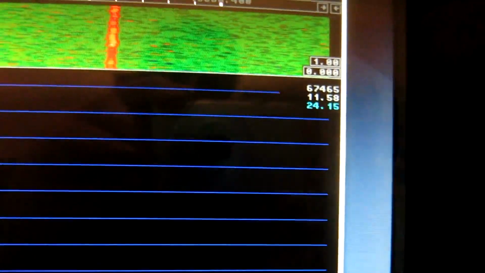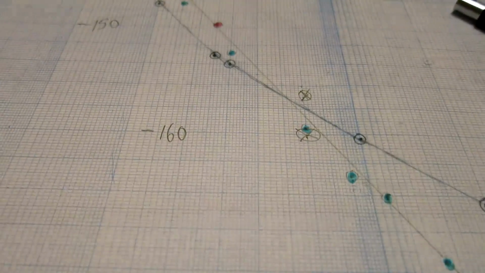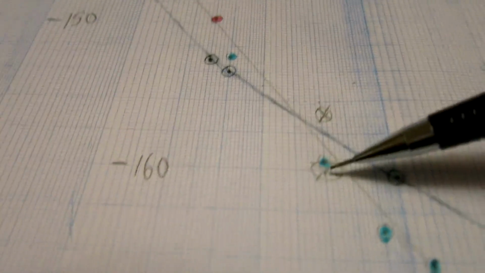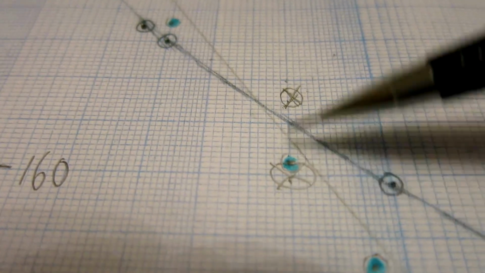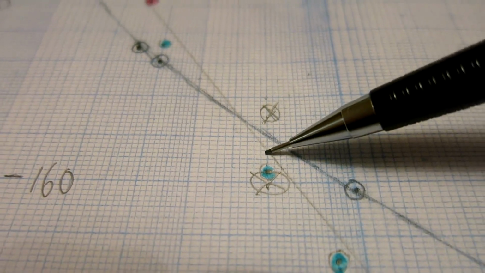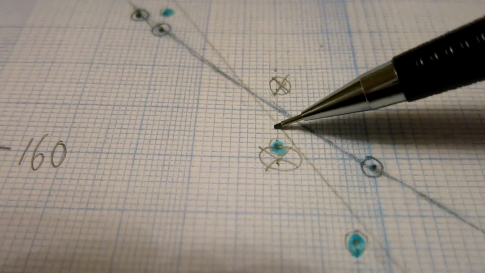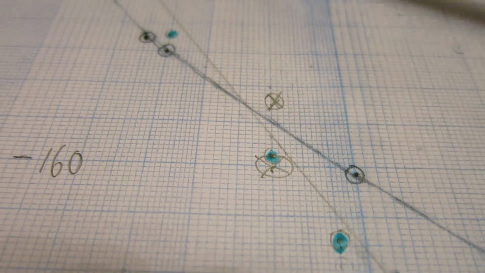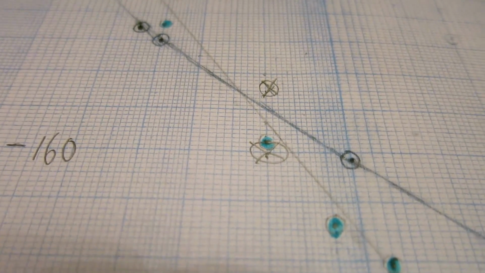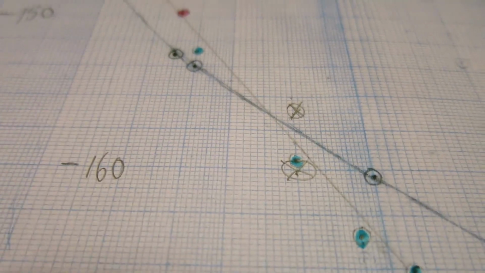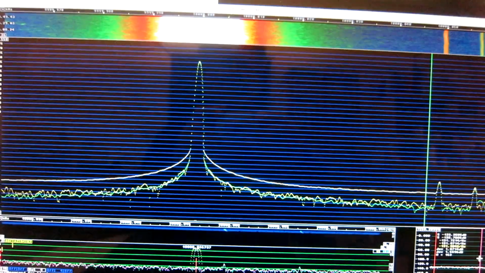And the correlation advantage here is 11.6. That gives me minus 160.2, which is here. The midpoint between here and here happens to be very close to the line which I draw between the midpoints from the measurement before I made this modification. So it seems noise has not improved. I will evaluate more carefully from this pixel editor.